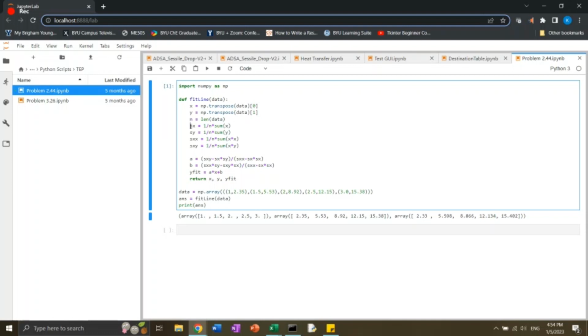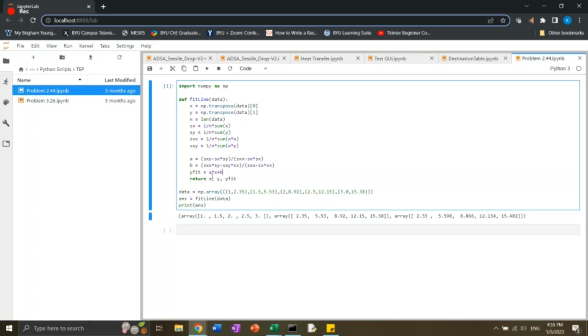That's what n is. Then we go to Appendix A1 and we calculate SX, SY, SXX, and SXY by using these functions that we were given. Then we calculate the slope from Appendix A and the intercept from Appendix A, and then y fit equals a times x plus b.